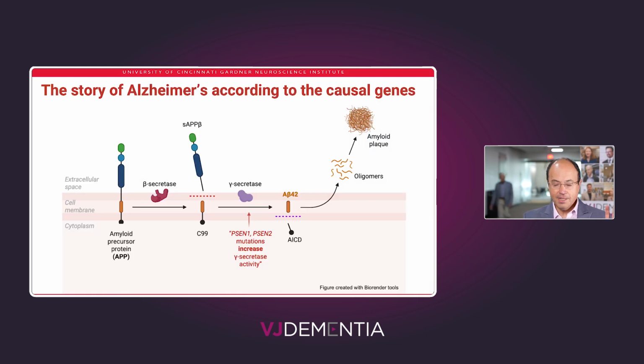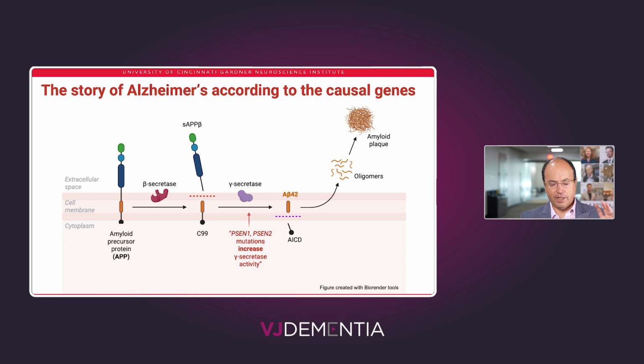The first is to go through what kind of story we have here. Essentially, as you see in this diagram, we start with this large protein called amyloid precursor protein, or APP, that undergoes sequential catalysis by two enzymes, beta-secretase and gamma-secretase.